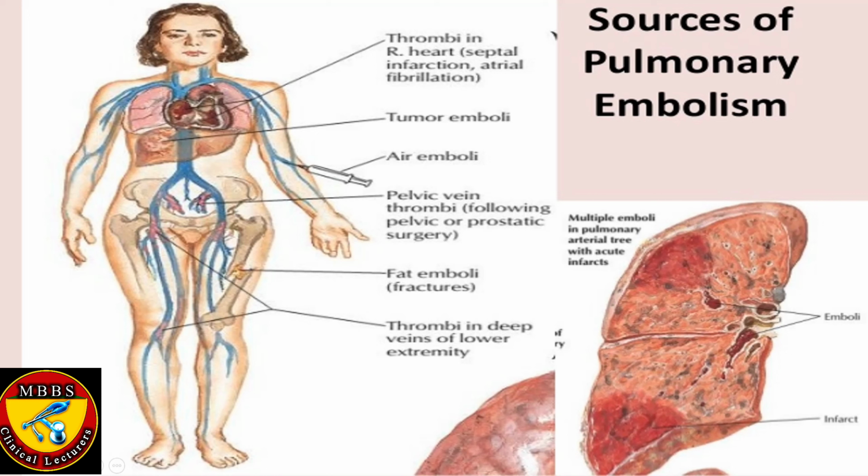The most common ones arise from pelvic vein thrombi after pelvic or prosthetic surgery. And we have just discussed the thrombi in deep veins of the lower extremities, okay? So this is the most important cause: thrombi in deep veins of the lower extremities leading to pulmonary embolism, that is deep vein thrombosis.